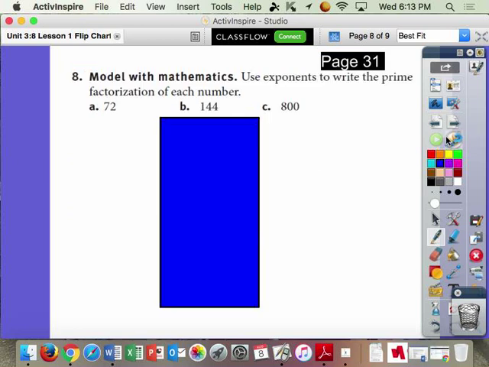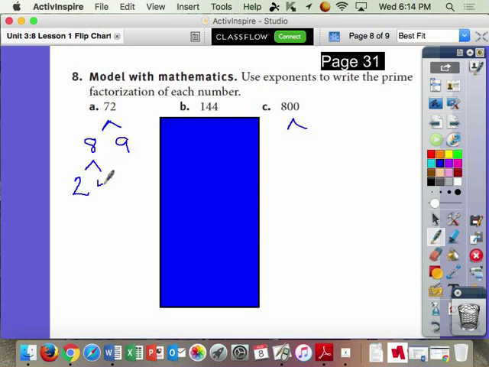All right? Now, we're going to do the same thing with our prime factorization. The only difference this time is we're going to write it with exponents. Okay? So 72, what times what gives you 72? We are going to use 8 and 9, all right? So 8, we've worked with 8 a lot earlier in this video.